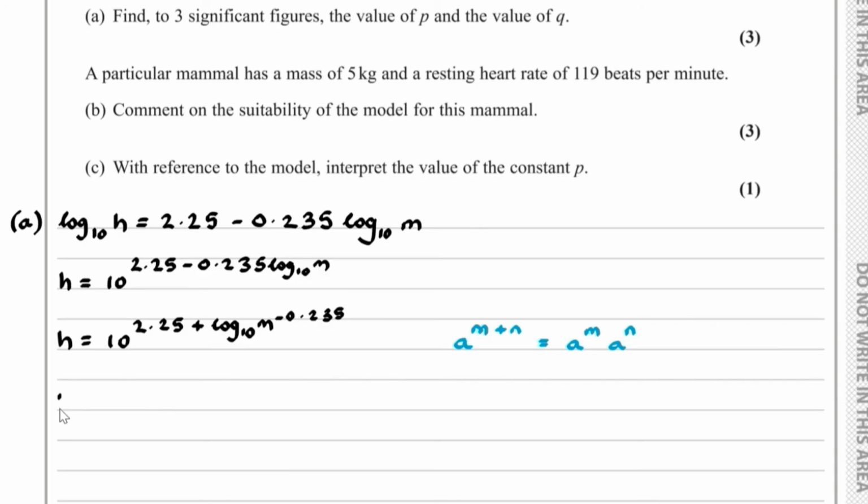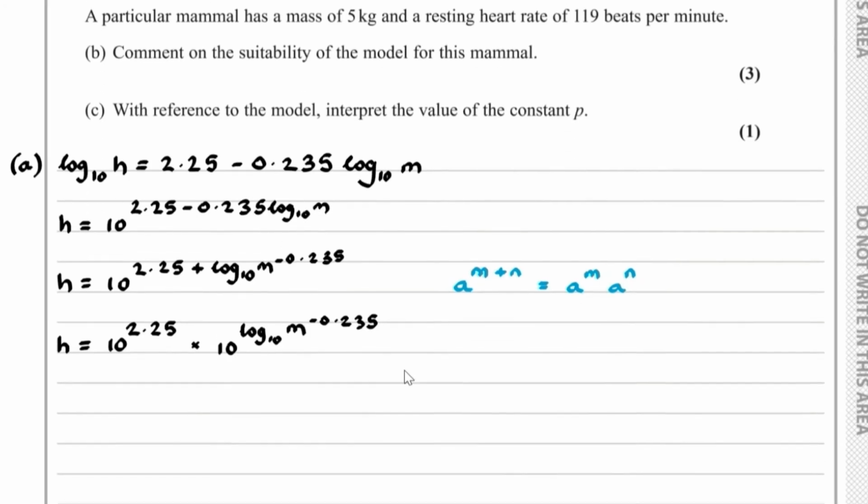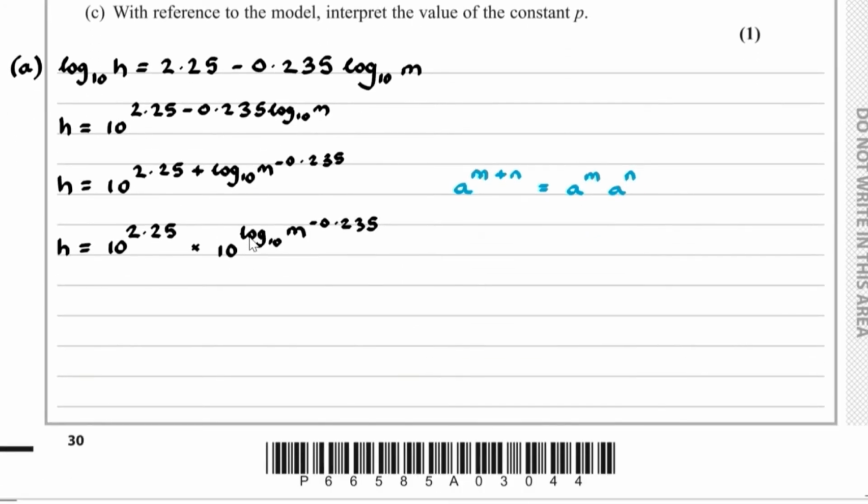So h then is equal to 10 to the power of 2.25 multiplied by 10 to the power of log base 10 of m to the power of minus 0.235. Now 10 to the power of log base 10 of something is just going to be that something, m. So let's just write this law down.